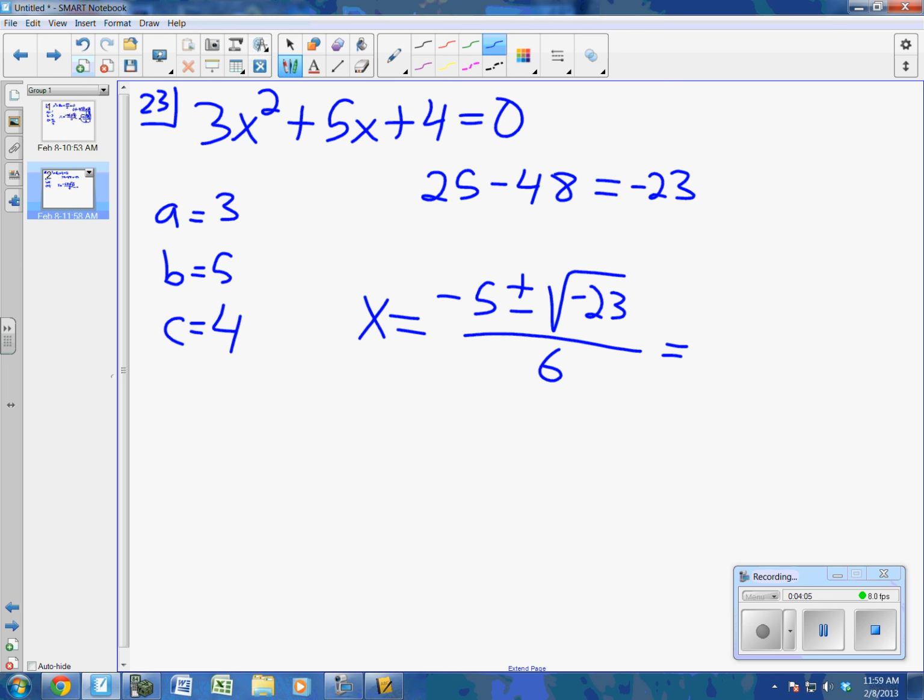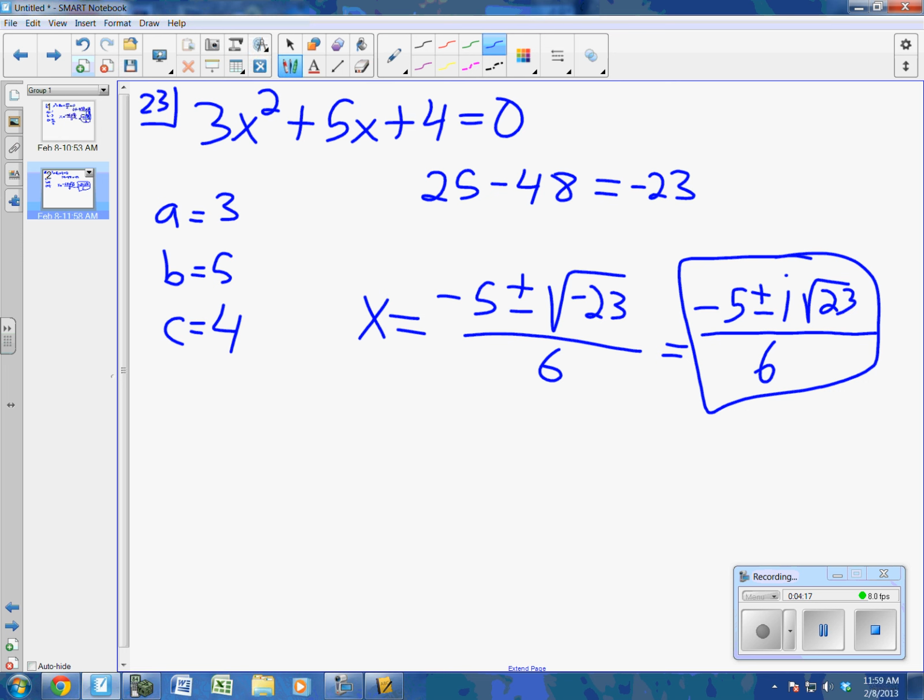No, but we can take care of the negative by doing what? We know that the square root of negative 1 is I, therefore we have I square root of 23. And there is our answer. Any questions on those? Do we get those? Do we need to do one more, or is that good?